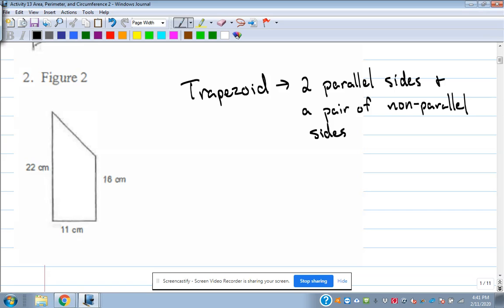So that trapezoid is kind of turned this way. If I lay it down this way, it looks a little bit more like the trapezoids we like to see. It looks a little bit more familiar if you lay it sideways.